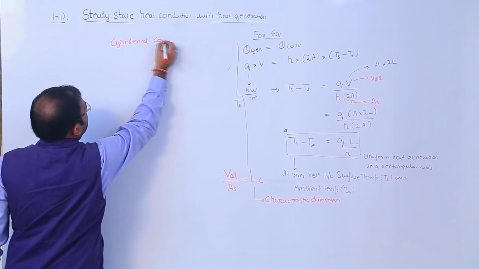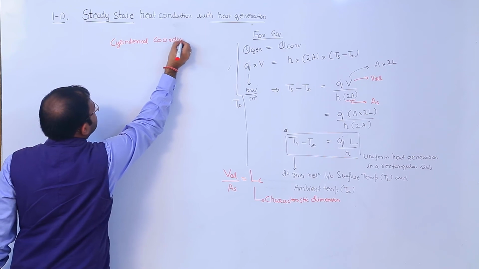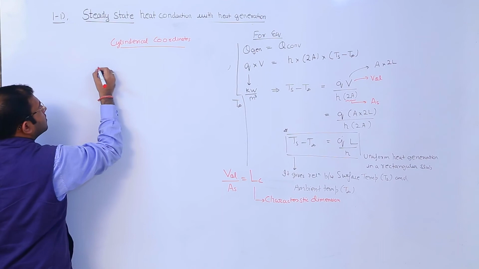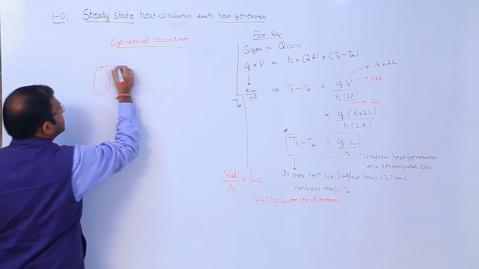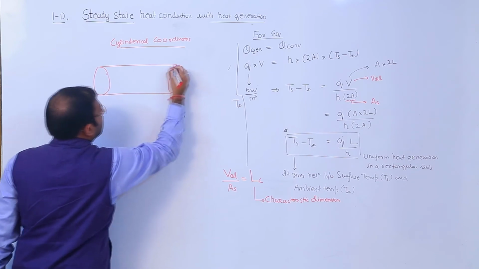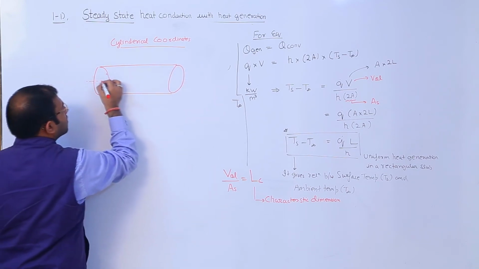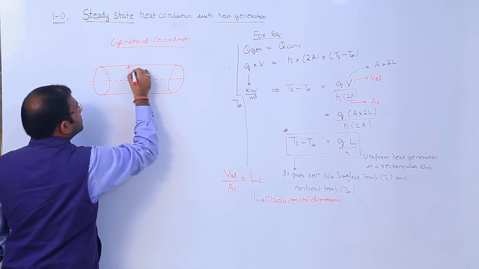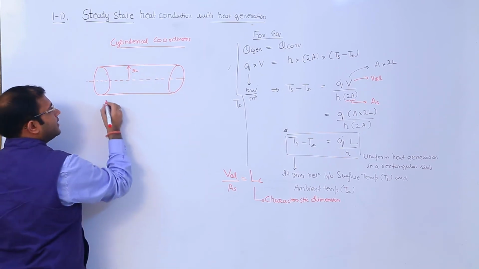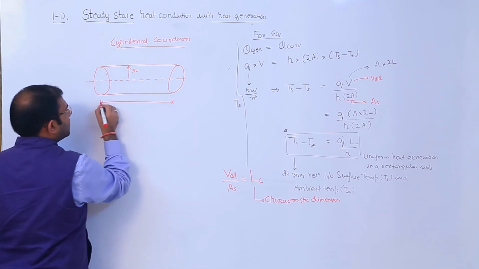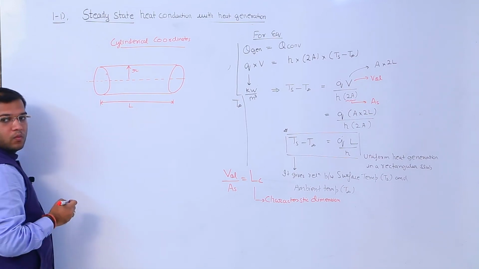cylindrical coordinates. Suppose this is a cylinder, fine. It has radial distance r, the radius is r and the length is L, fine.